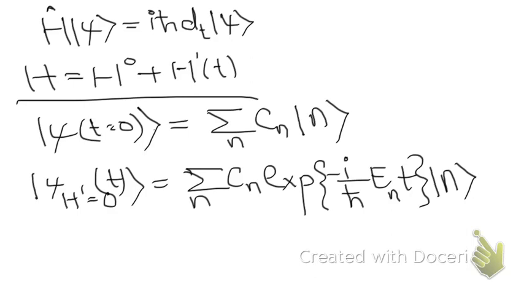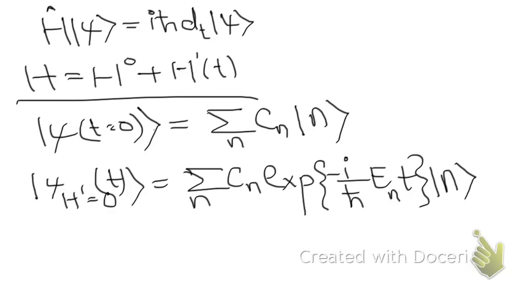Now let's include the time dependence. We shall include a factor that reflects the time dependence in our system, and that is what we are going to do with our expansion coefficients.